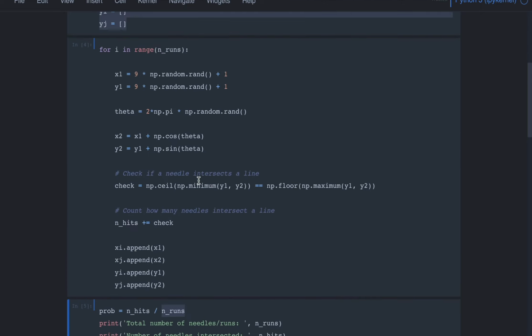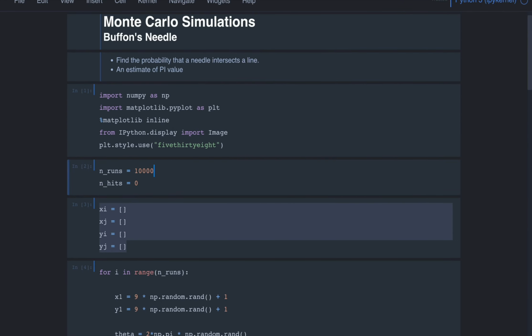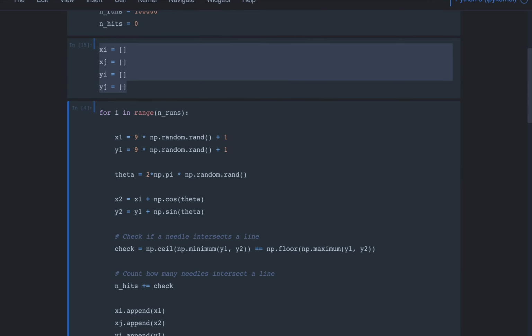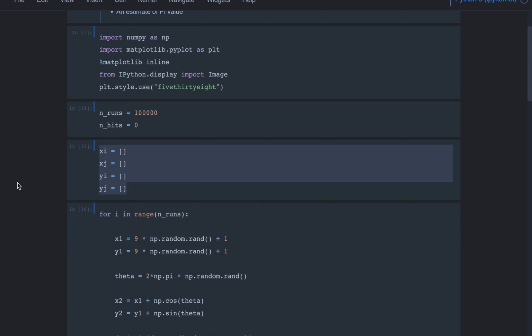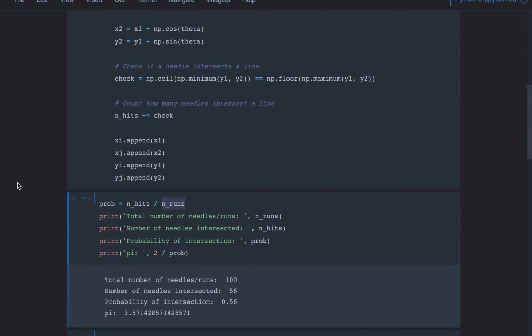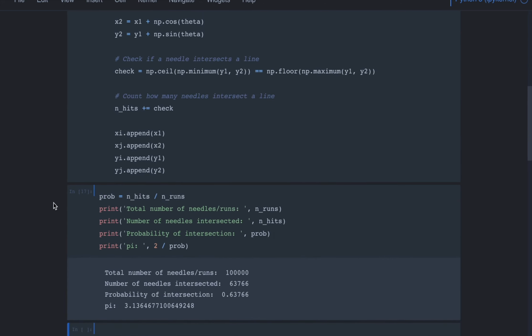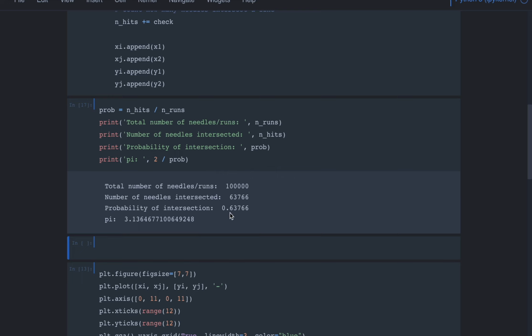But let's do one thing. Let's increase the number of needles, and let's recompute the probability. Okay, let's rerun this. Yeah, as you can see this time, this is the probability of intersection, and the pi value is also very close.